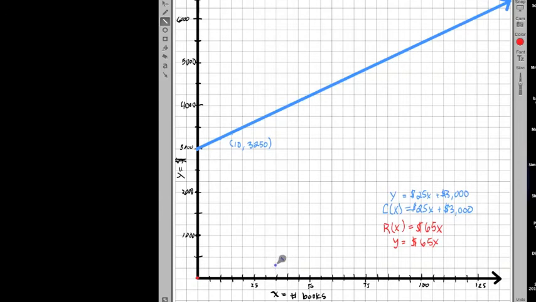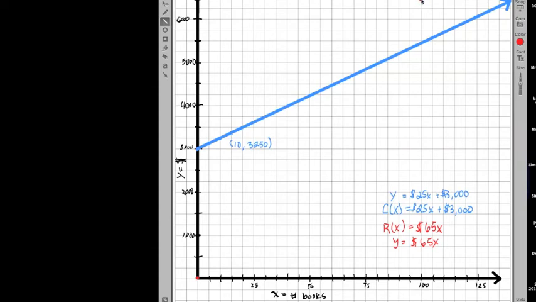Now let's go ahead and graph our revenue equation. Well, our y-intercept is 0. If we make 0 books and sell 0 books, we're making $0. So that's pretty easy for our y-intercept. And we know our slope is 65. So if our slope is 65, we could use that to graph it, or we could use another point that we have.